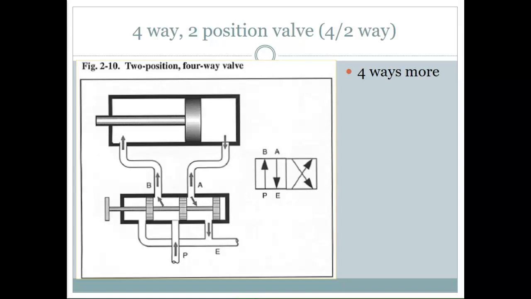All right, this one's another 2-position 4-way. So the way you should see this working, if you had this actually in the field, you have pressure coming in on your P. This would also be labeled 1. It would be coming out at 2. It's going to drain at 4 and go to 3.